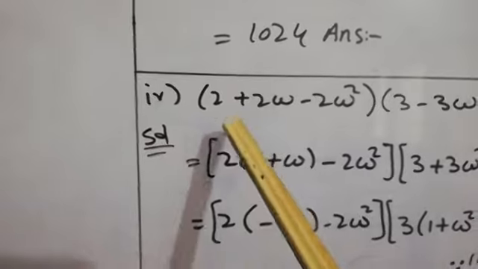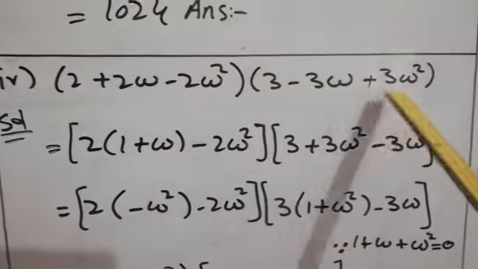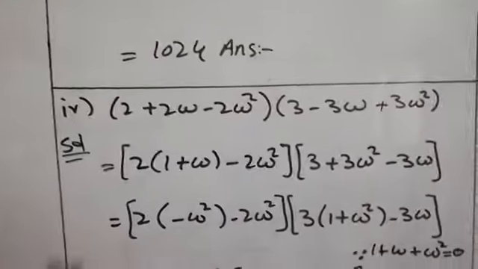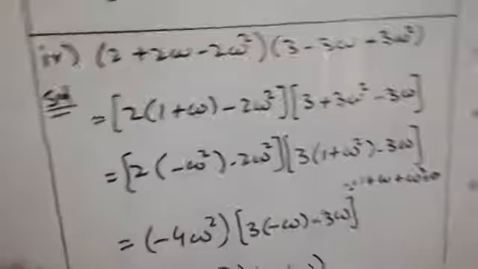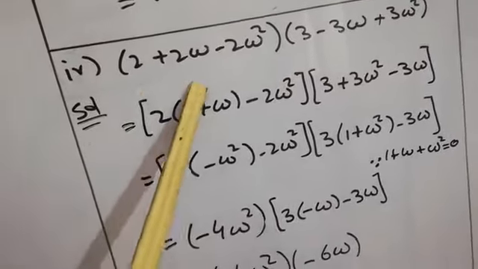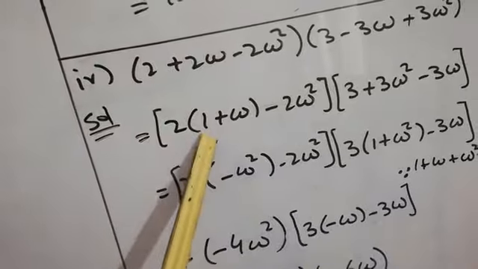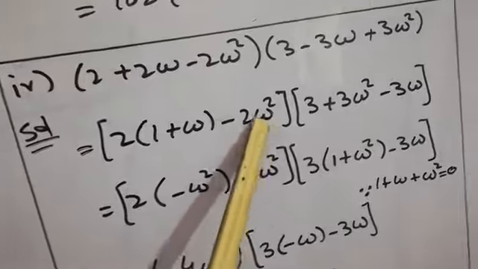Number 4: (2 + 2 omega - 2 omega square) times (3 - 3 omega + 3 omega square). Dear students, first of all we take 2 as common from the first two positive terms, so it becomes 1 + omega, and write minus 2 omega square as it is.